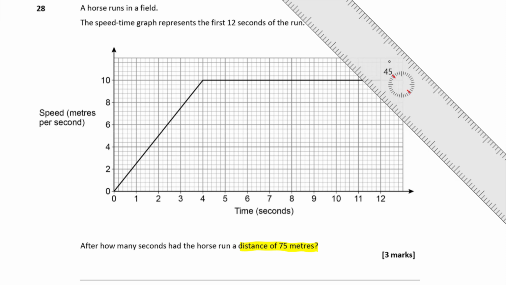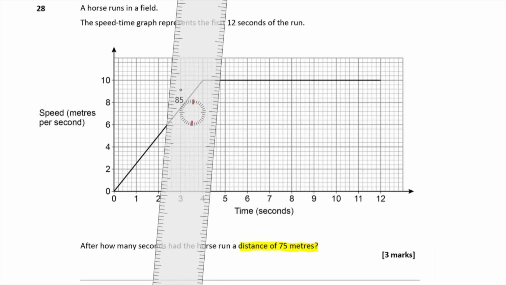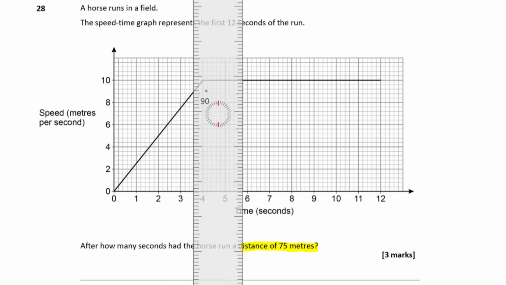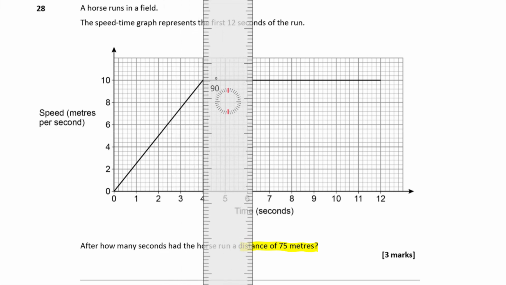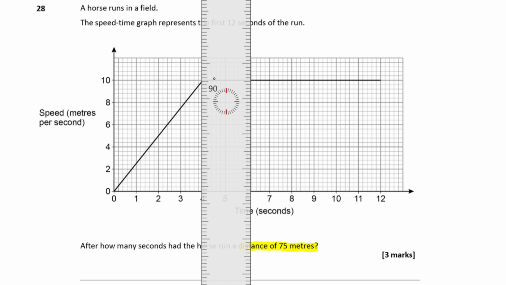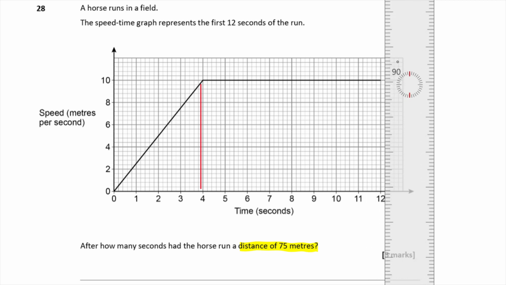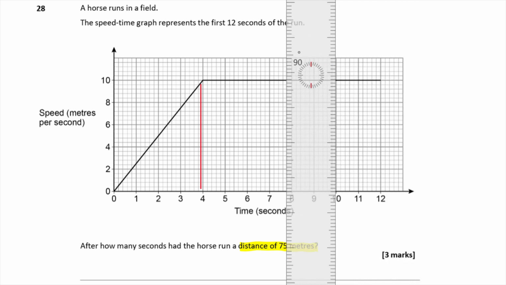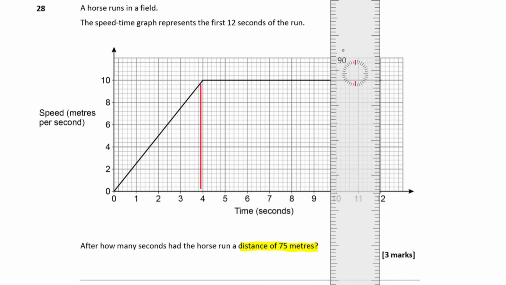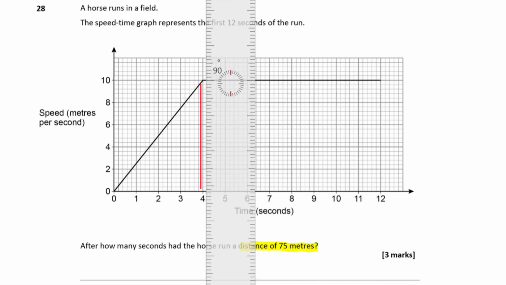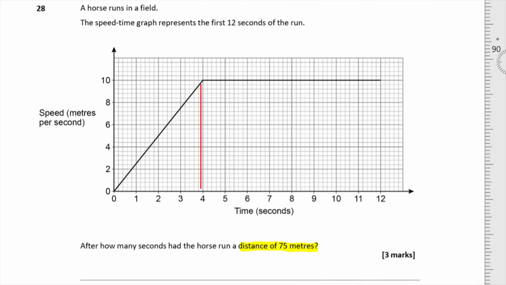It means we can break our shape down into a triangle and a rectangle. Now I don't know where to draw the line of the rectangle. It's not necessarily at 12. I need to draw the other end of the rectangle at a point which will make the total area be 75. So we're going to have to work backwards a little bit to find that.